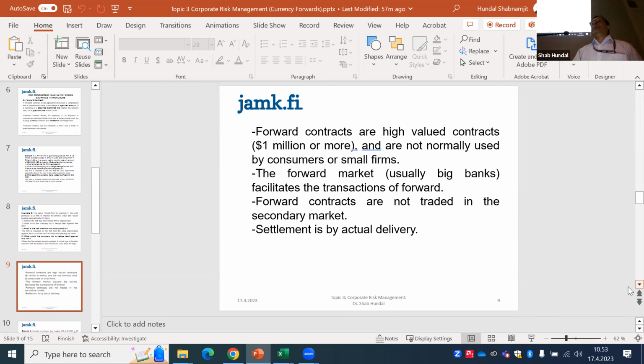They have to be a couple of thousands of dollars, so the number has to be big enough to be transacted. For retail type of things, for low value contracts, you cannot use the forward contract. It has to be a high value contract. So sometimes for small firms and small consumers, this remains like a white elephant. You can't get it.